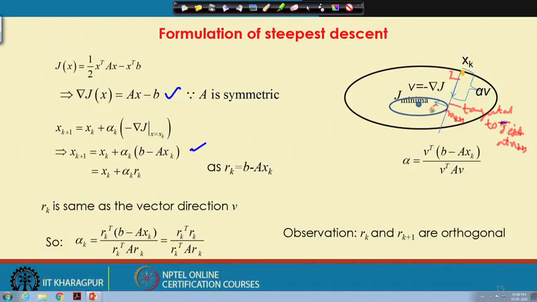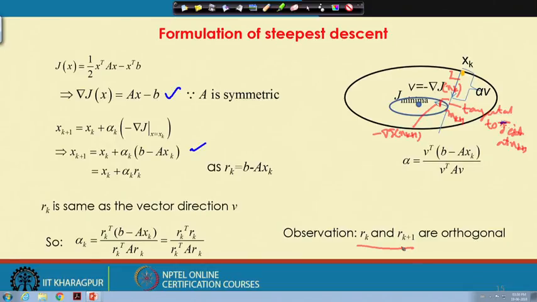The new direction, minus gradient of j at x k plus 1, is perpendicular to the tangent. So, grad j at x k and grad j at x k plus 1 must be perpendicular to each other. Therefore, r k and r k plus 1 are orthogonal vectors.